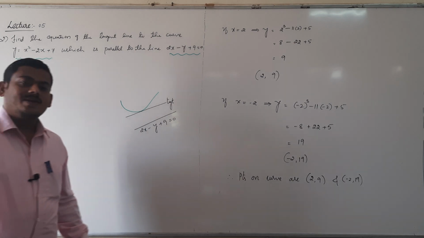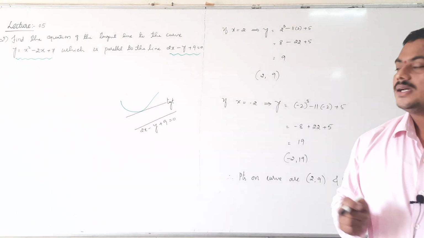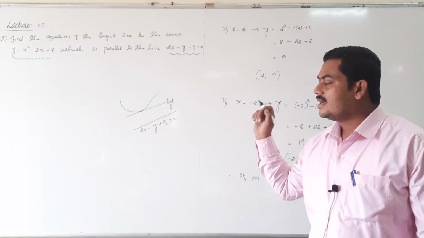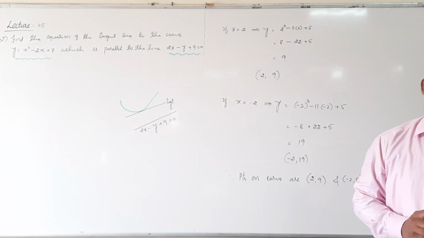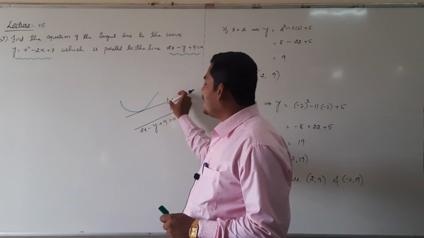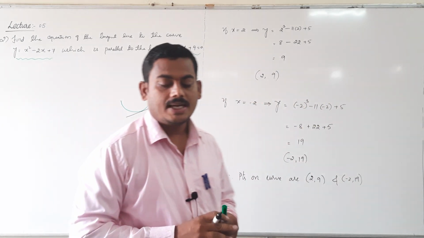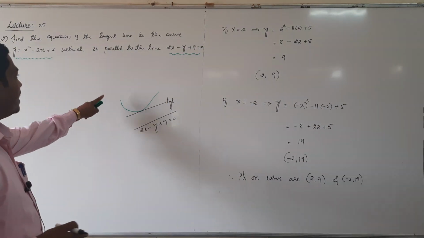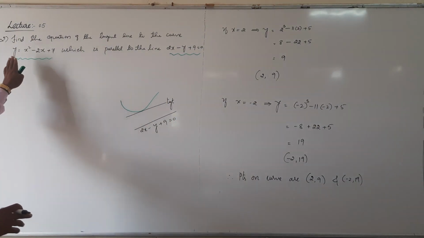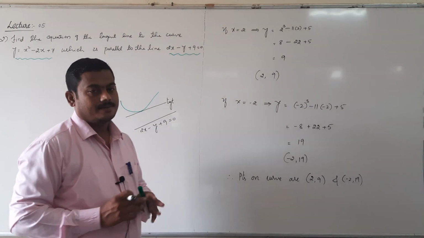The tangent line and the given line are parallel. Then what is the condition? Then the slope of the tangent and the slope of the given line are equal, right? Clearly, according to the given condition, the tangent is parallel to this line.